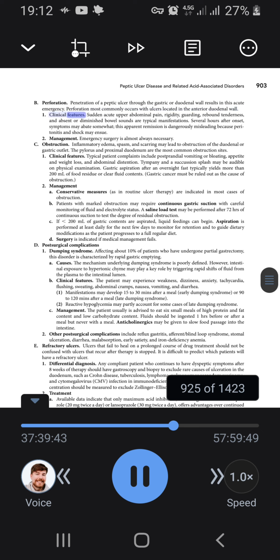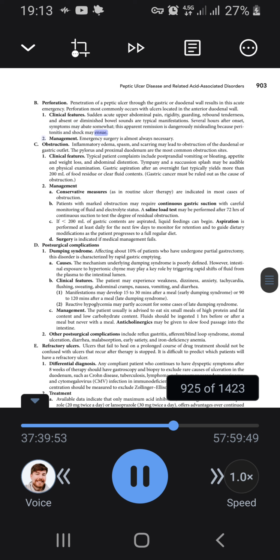Clinical features. Sudden acute upper abdominal pain, rigidity, guarding, rebound tenderness, and absent or diminished bowel sounds are typical manifestations. Several hours after onset, symptoms may abate somewhat. This apparent remission is dangerously misleading because peritonitis and shock may ensue.